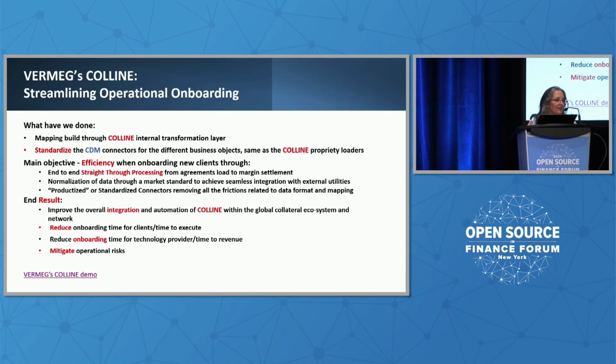Why did we do that? As Amy mentioned earlier, for efficiency, we want to make sure that the process is as efficient as possible. We want a straight-through process that goes end-to-end from the negotiation of the CSA, to the execution, to the start of the margin process.